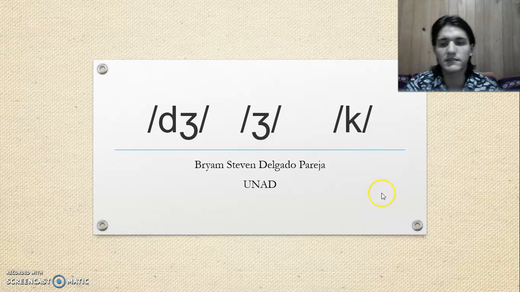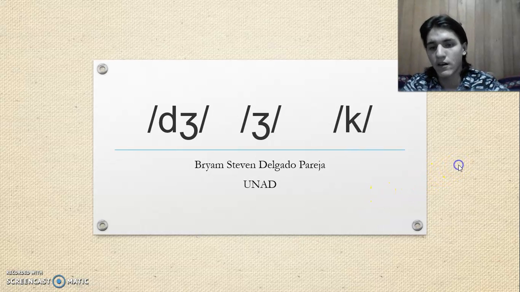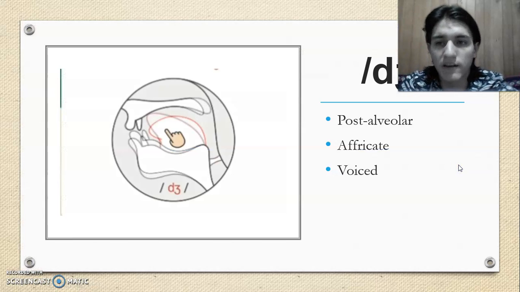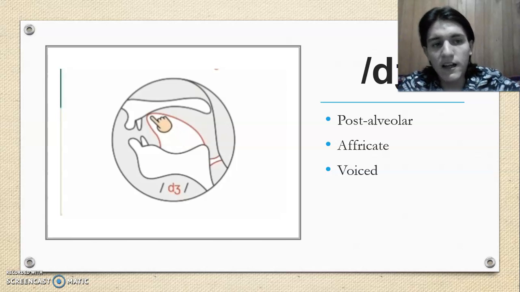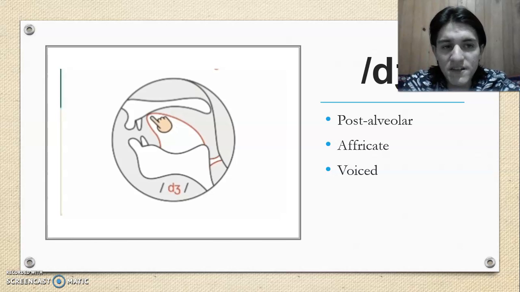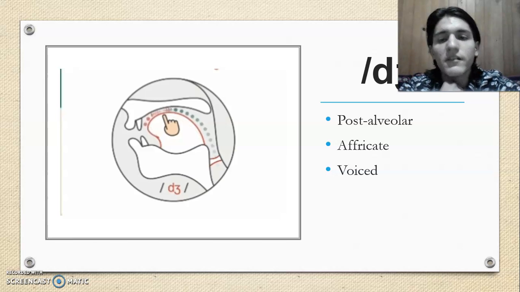Let's start with the consonant ja. Well, it is a sound merged of two single sounds. Its place is post-alveolar. It means that the tongue touches the alveoli near the palate.